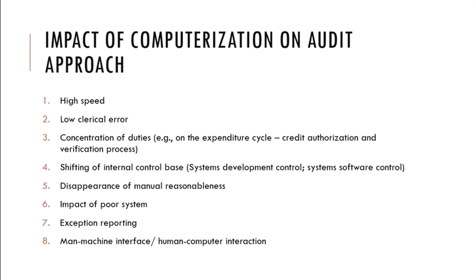So that would mean nga pwede na ta gamay ang scope sa ato ang substantive testing. Okay? Because we could say nga there is low clerical error when a company uses computers as compared to when they use purely manual records.